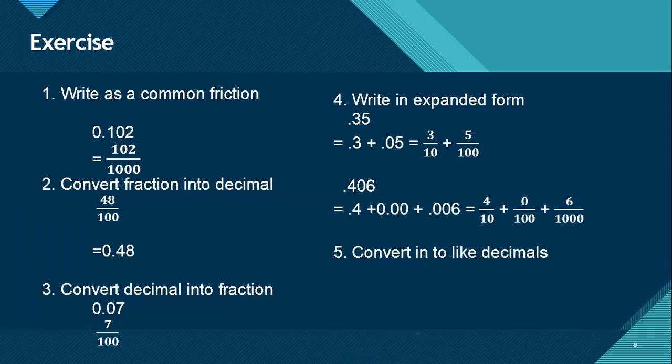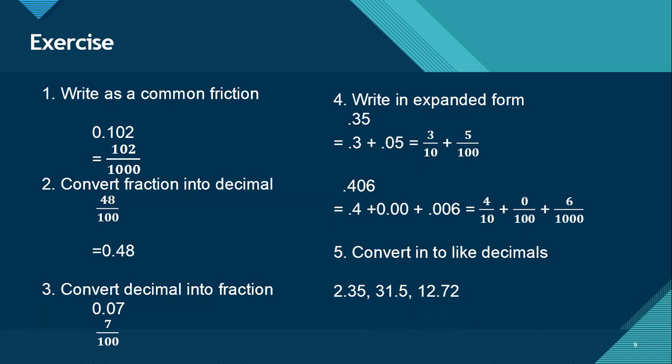The next example is converting into like decimals. In the previous fraction chapter, we studied like fractions, unlike fractions, and mixed fractions. So in this, there are like decimals as well. Suppose you have three numbers, 2.35, 31.5, and 12.72. Now we have to convert them into like decimals.